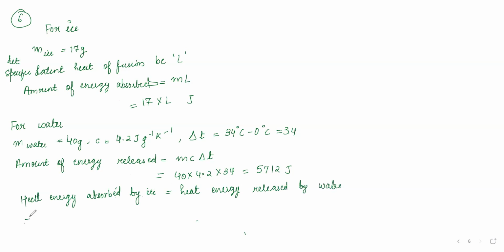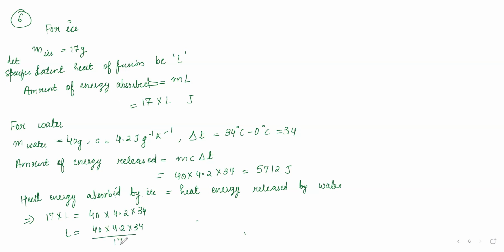So this implies 17 into L is equal to 5712. Or else for the ease of our calculation, we could have left it like this. I'll just show you children what is the easy way to do. See, you could have left it like this, 40 into 4.2 into 34. So L would have been equal to 40 into 4.2 into 34 divided by 17.